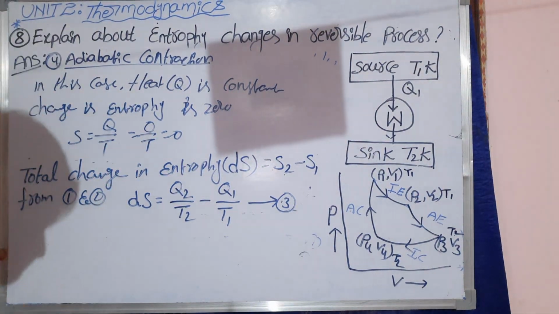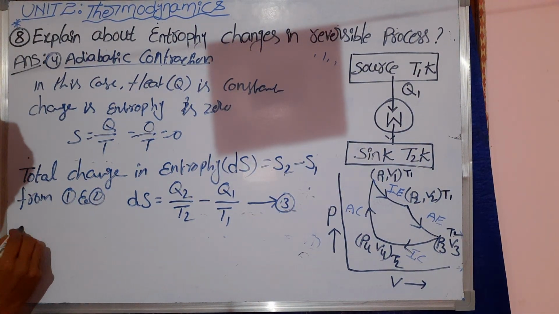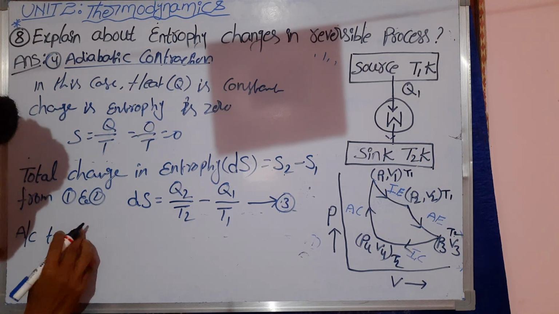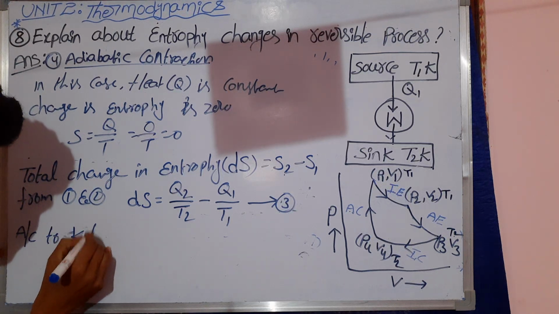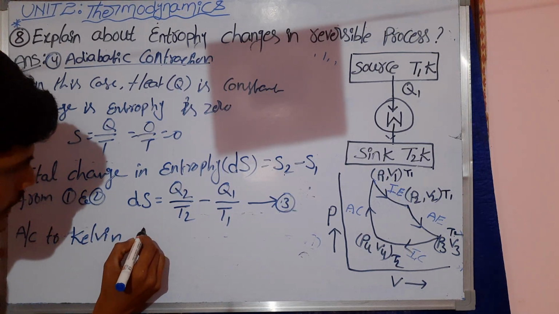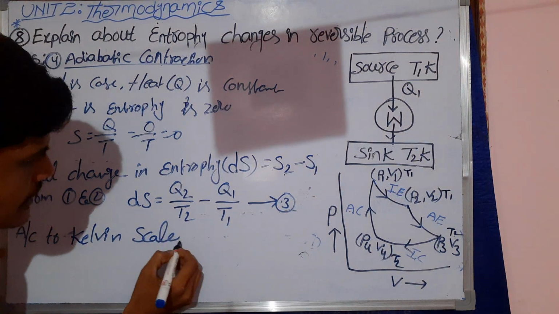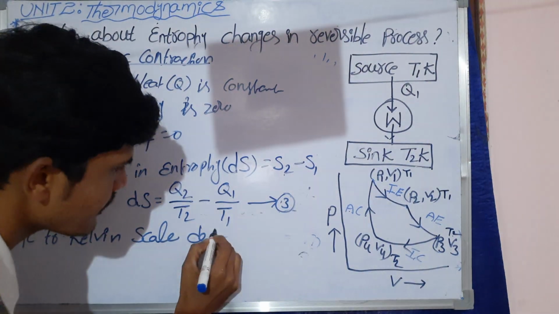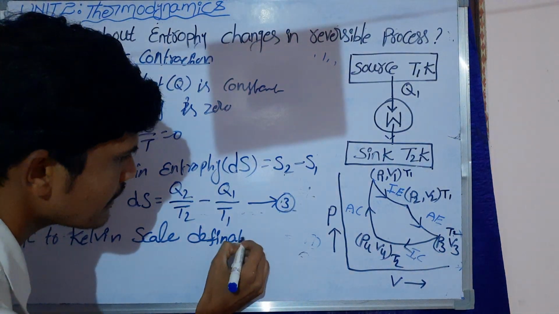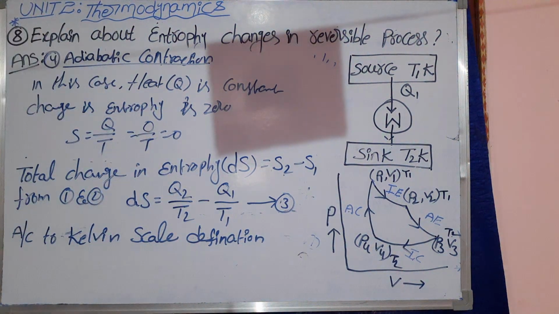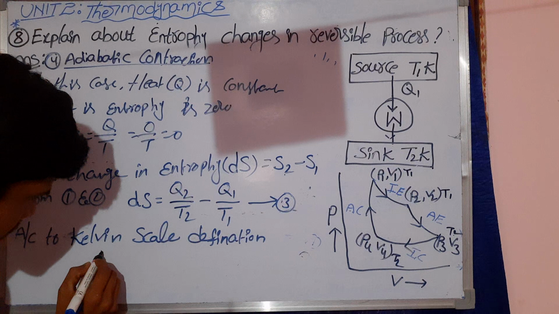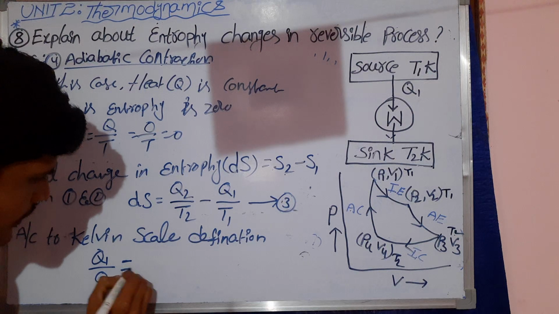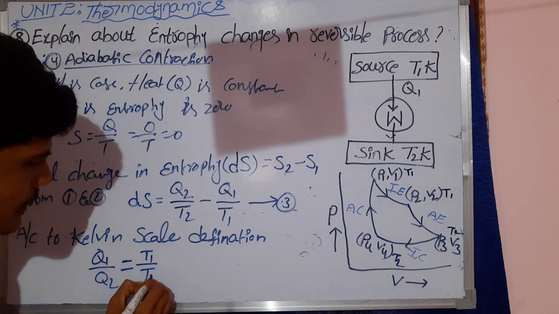Next, according to the Kelvin scale definition, Q1 by Q2 equals T1 by T2.